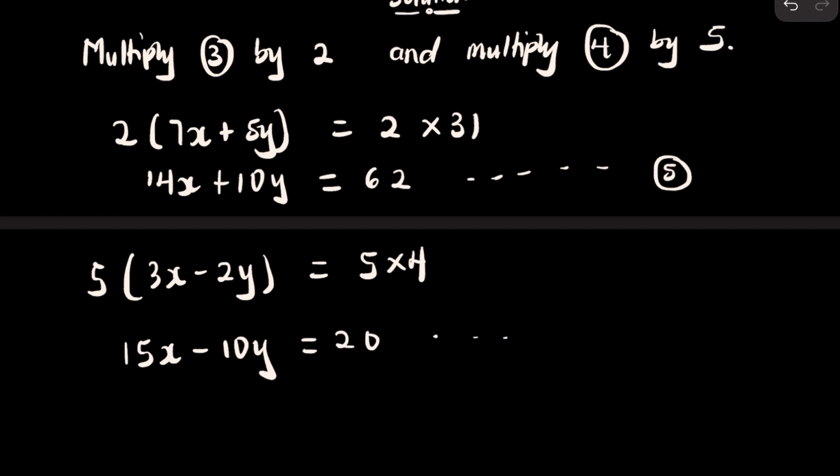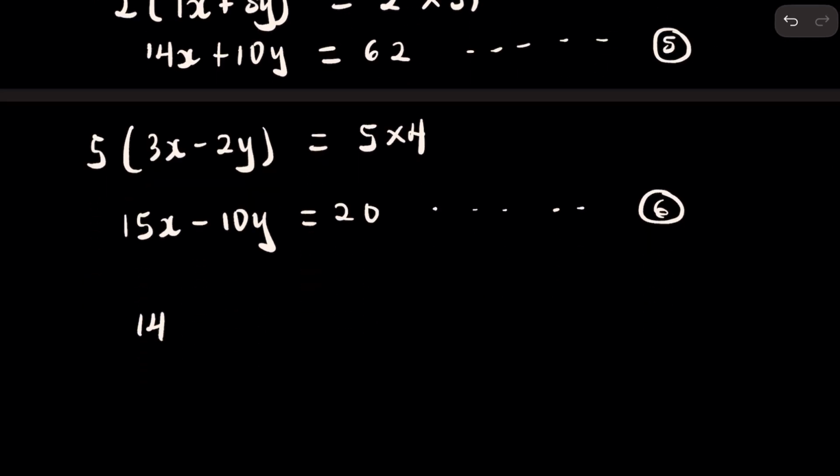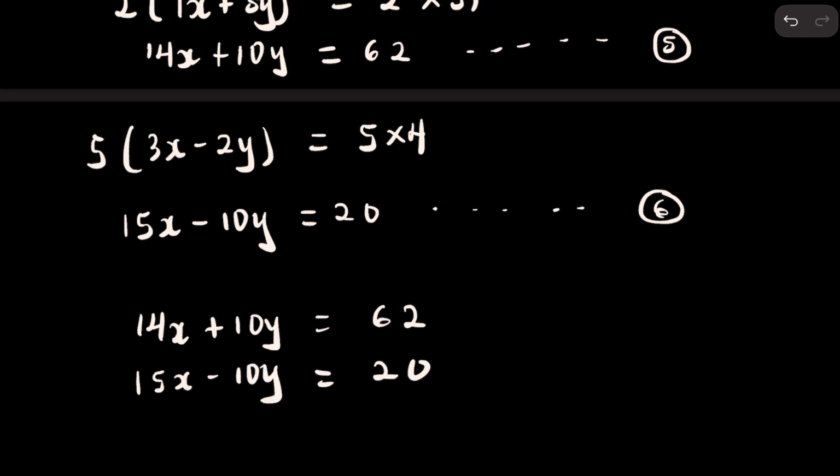So we call this, say, equation 6, right? So we now have our new equations, that's equation 5 and equation 6. Thus, we have 14x plus 10y is equal to 62 and 15x minus 10y is equal to 20.